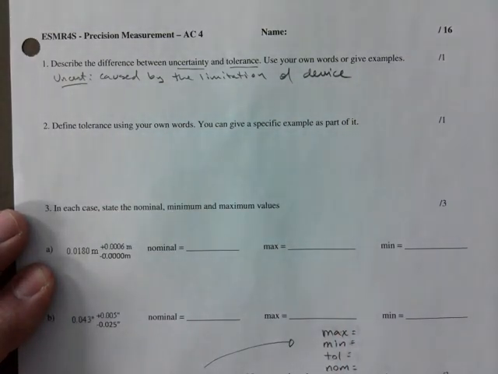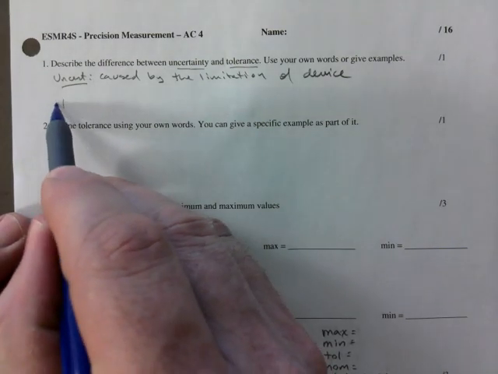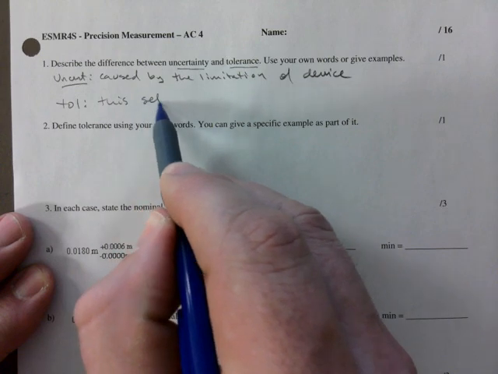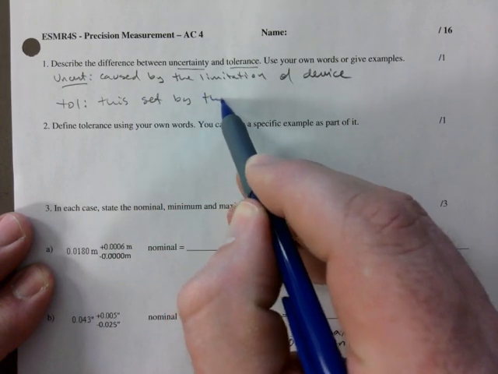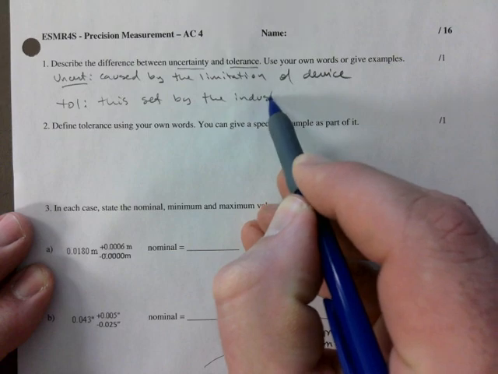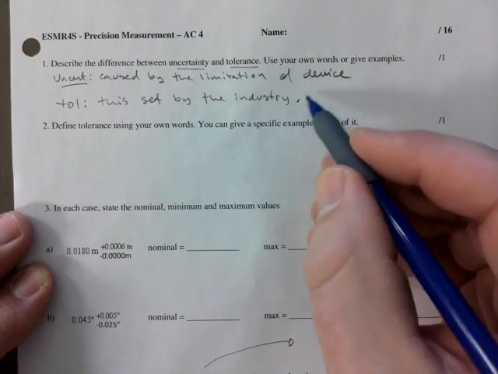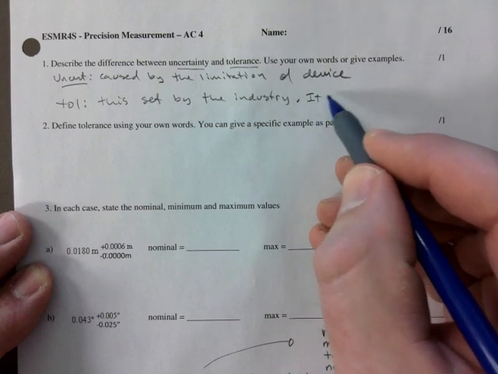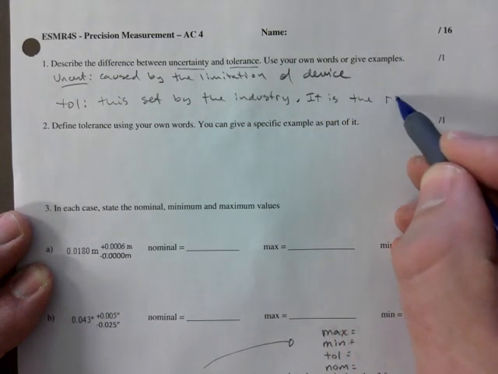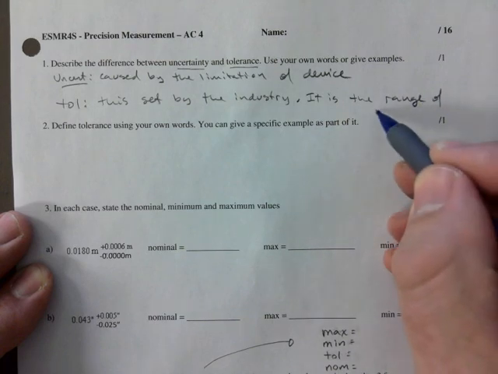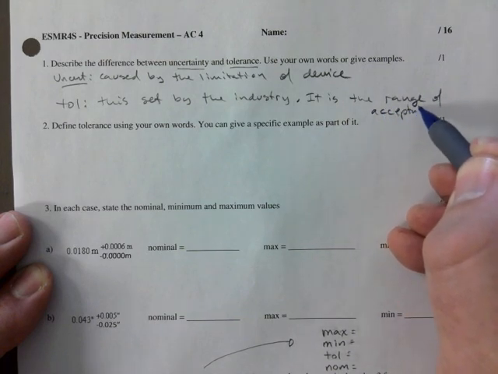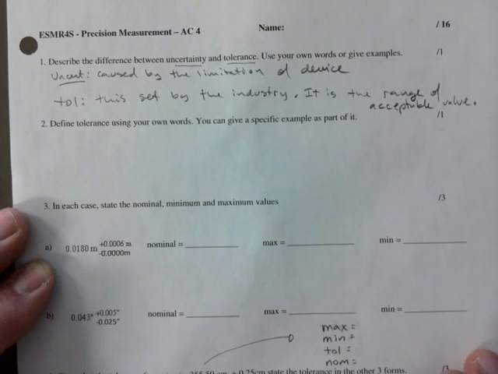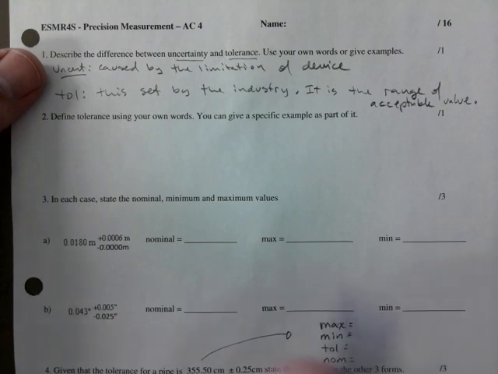Whereas tolerance is set by the industry, right? It is the range of acceptable values. Okay, that's what it also is. So if you have something like that, you're good to go.